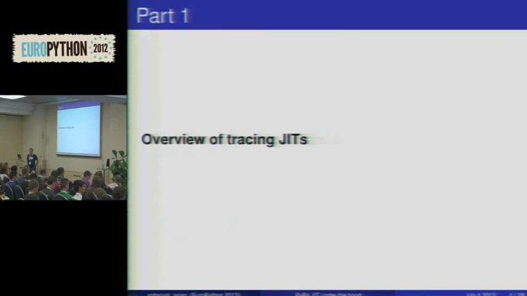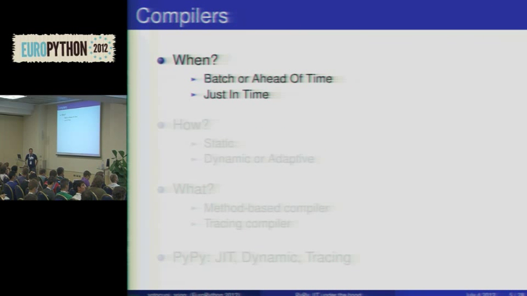Part 1, now we will explain a bit what is a tracing JIT. But first, what is a compiler? Well, a compiler is something which translates the source code to some other target code. There are basically 2 main categories of compilers: the batch compilers, ahead of time, GCC and javac, or well, all the usual classic compilers you know.